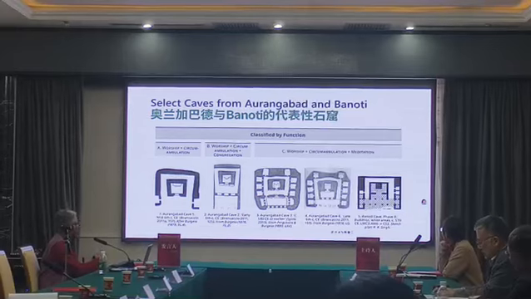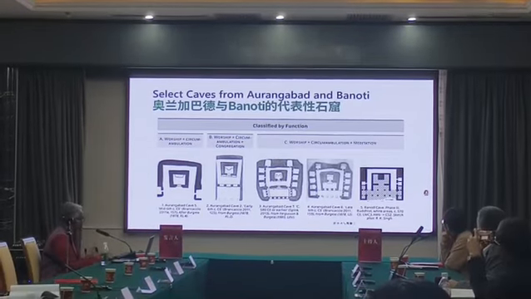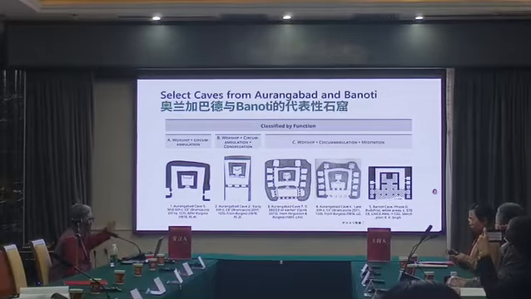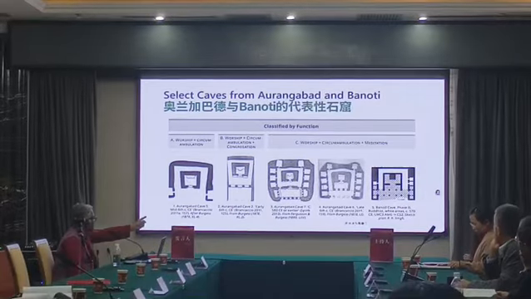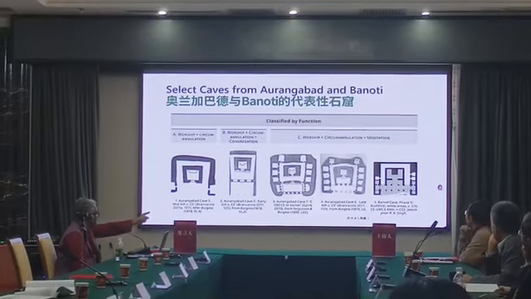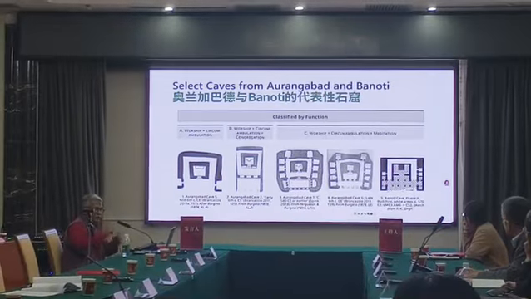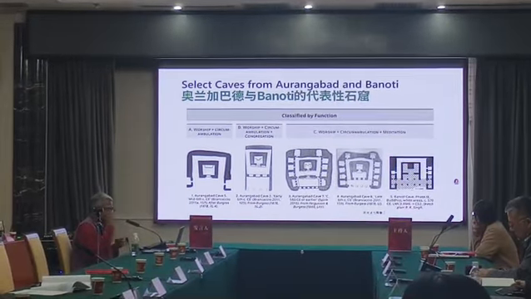Having shown them, I'm showing you more plans. This is the Aurangabad case: cave number 5, cave number 2, cave number 7, cave number 6, and then Banoti cave. I made that plan. The Archaeological Survey of India does not give permission to take measurements, so it creates a problem for researchers.